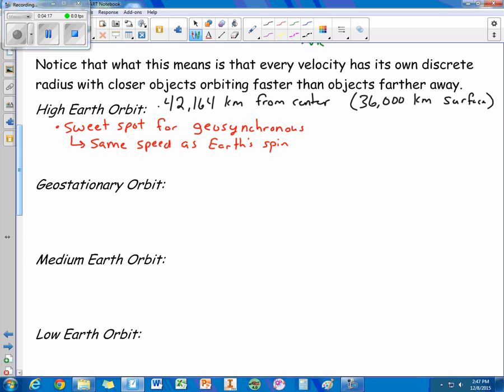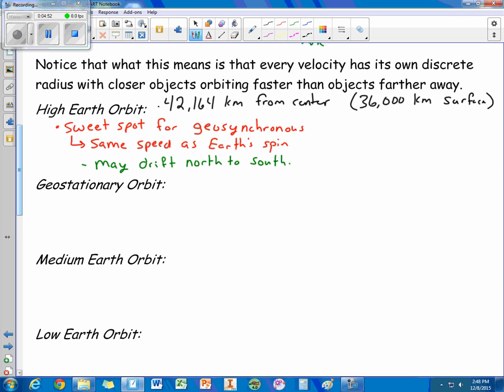What that means is that it's going to stay over the same location of the Earth. So as the Earth spins, let's say over Ohio, that satellite would always be over Ohio, always. Now it may drift north to south, but predominantly it's going to stay over the same spot.